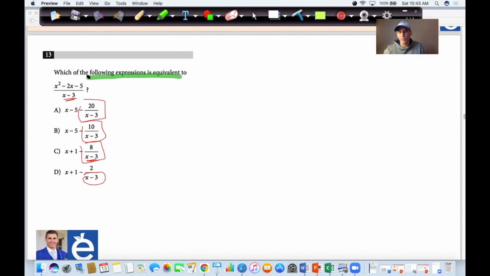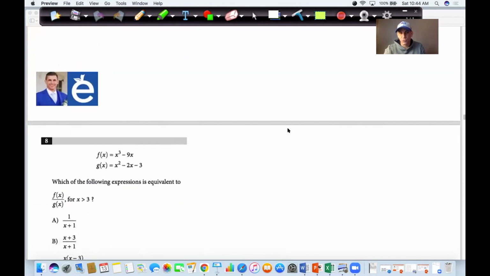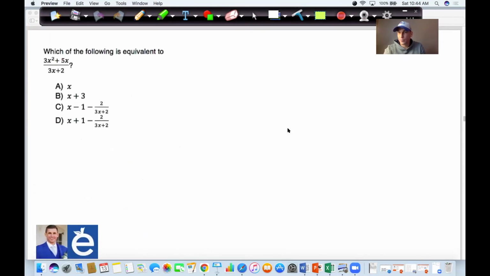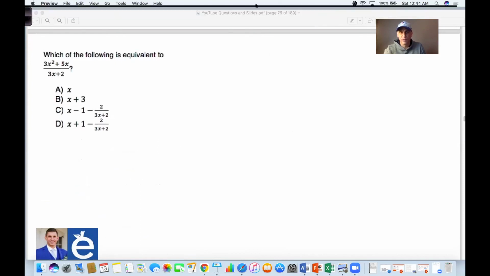Or if I don't recall how to solve this classically, or I forget the factors if I'm FOILing, right? Generally speaking, I tend to just plug in numbers because I will do the majority of it as much as possible in my head to simplify it. Okay, I hope that helps to clarify things. But the most important thing is there's always more than one way to solve the problems.